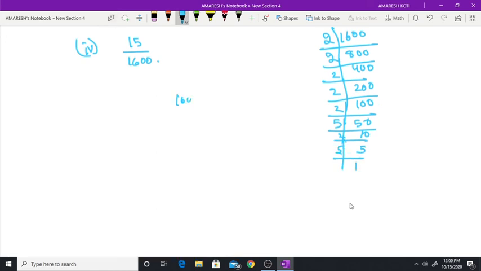So 1600 equals 2 power 6 into 5 square. So it is in the form of 2 power m into 5 power n. So it is a terminating decimal.